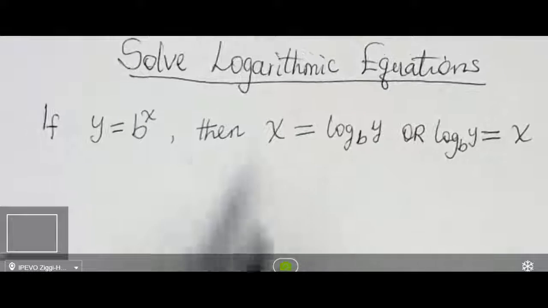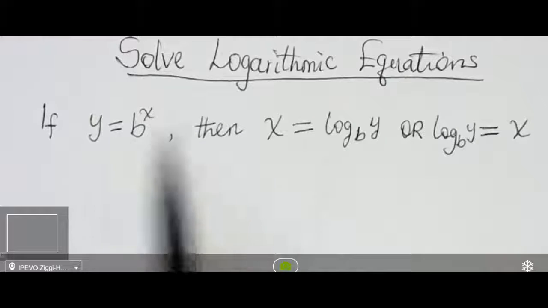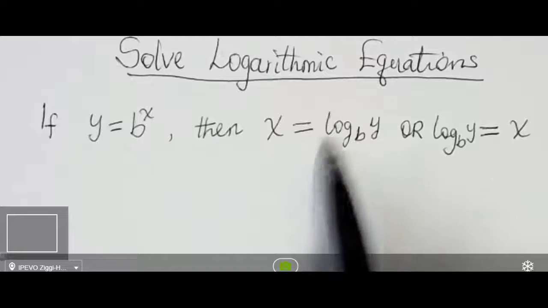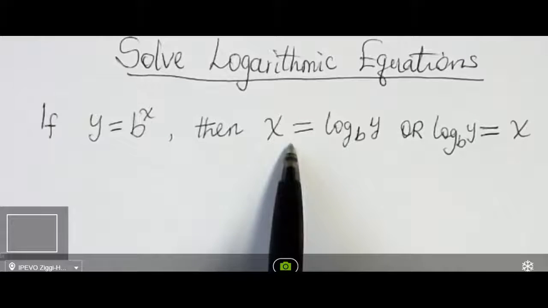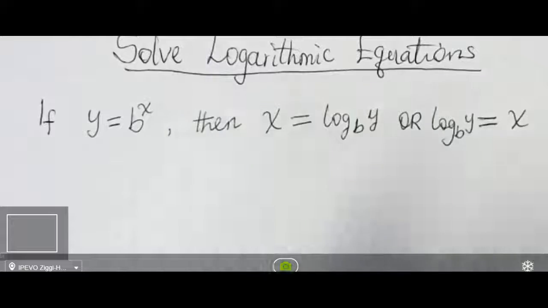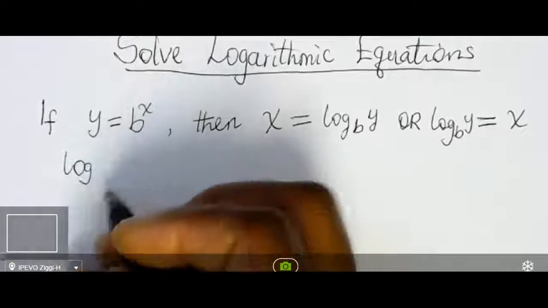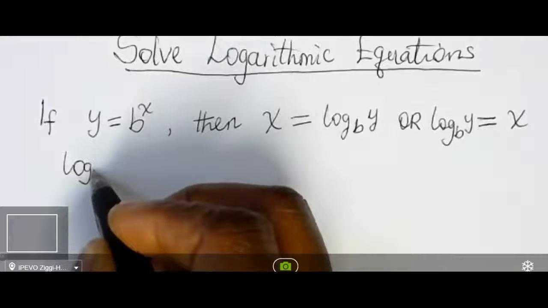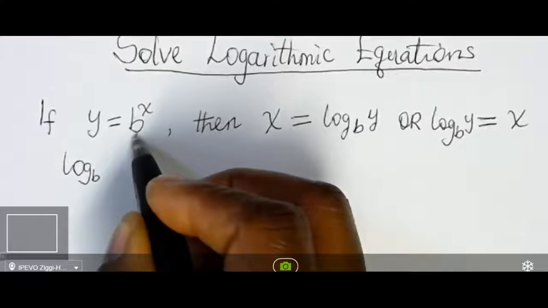First of all, let's show how this exponential function becomes this. Let's solve for x. If we solve for x, that means taking the log of both sides in the same base, let's say base b, because the base is b. The base is the same whether it is in the logarithmic form or the exponential form.